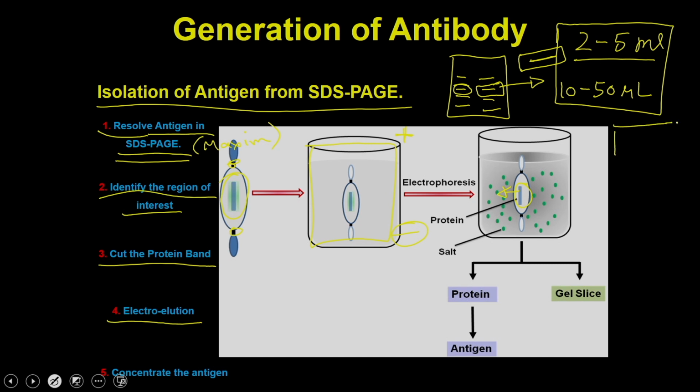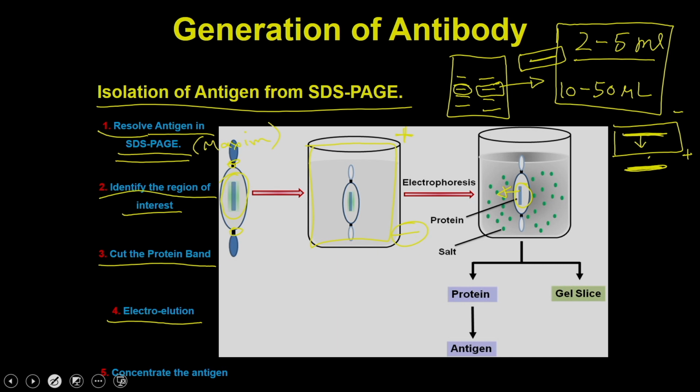You can imagine that even if I have a protein band in the gel block, and I apply the electrophoresis, which means I put the negative on top and positive on the bottom, this protein band, which is negatively charged because it has bound SDS, starts migrating, and after some time the protein is going to come out into the solution.